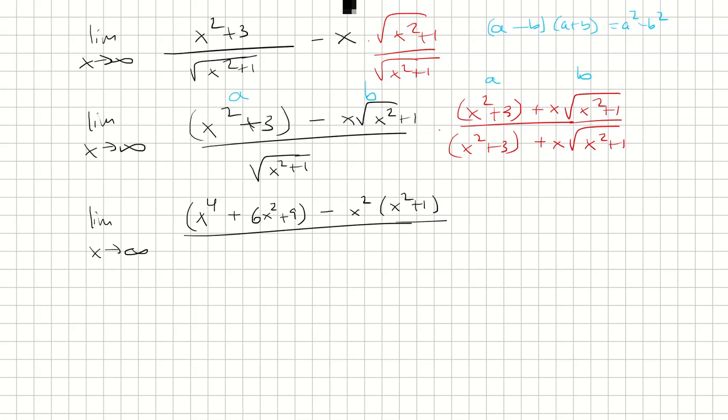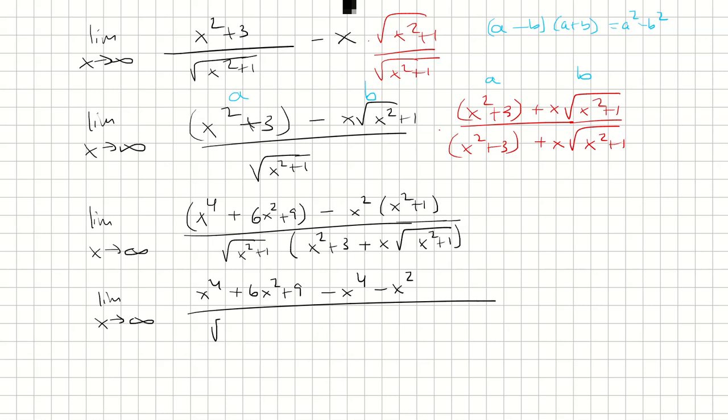And the denominator, I'm just going to leave it factored for now, but then we're going to simplify it. So on the top, we'll multiply the x squared, distribute that. You get negative x to the 4th minus x squared.